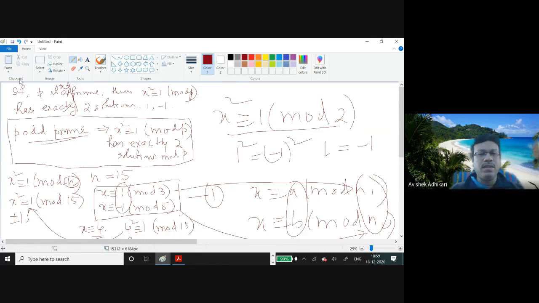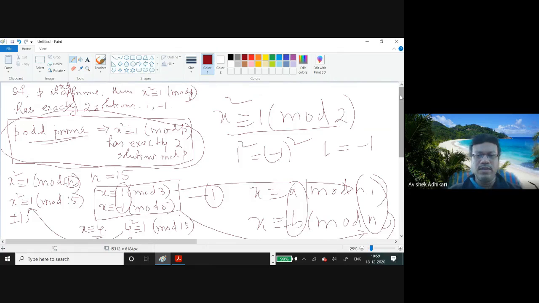This kind of information is very important for the primality testing algorithm which we are going to show now. So, is what I explained until now clear to all of you?